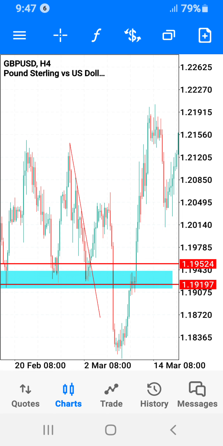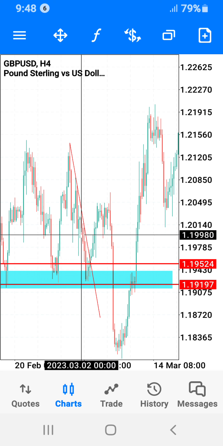So we measure this 30 pips. We want to see if we can get 60 pips out of this, because 60 is 2 times 30, and we are risking 30 pips. So we'll get a profit of 2 if we lose 1.